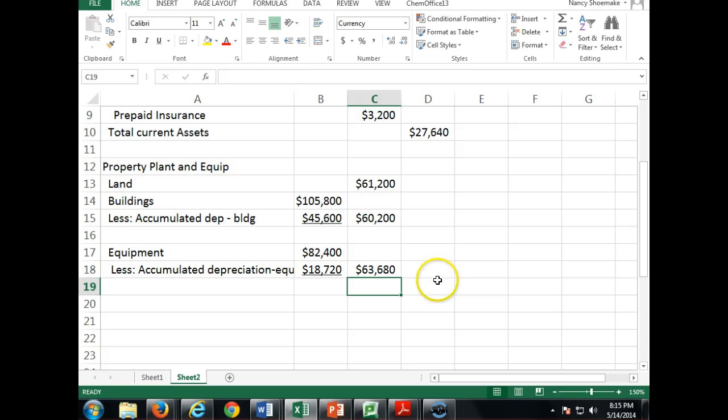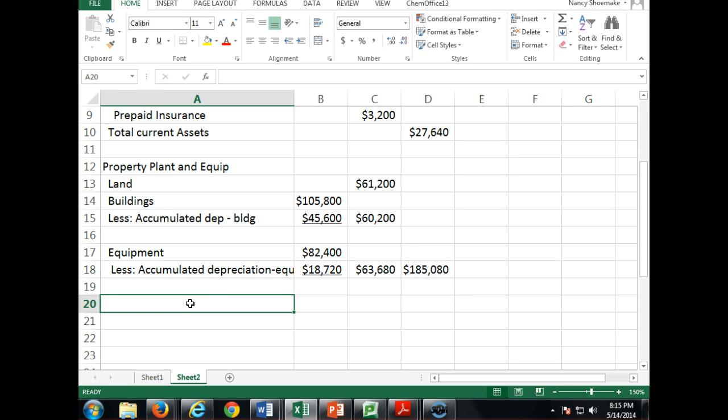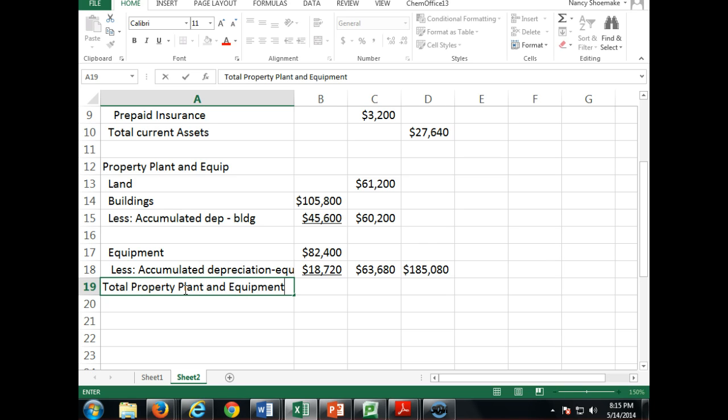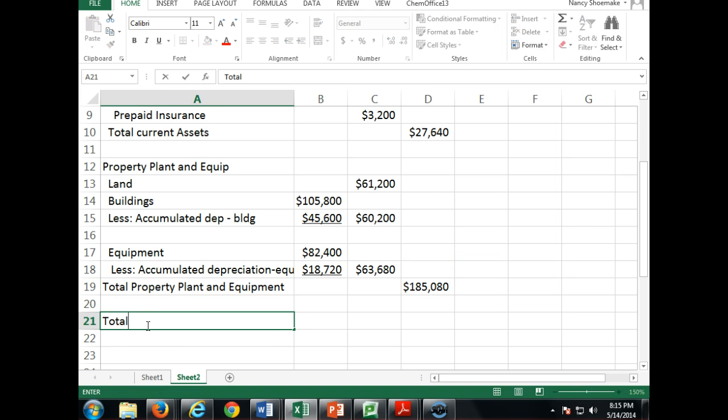Okay, and so our total property, plant, and equipment section here, let me just do it this way. Total property, plant, and equipment. And then how much are our total assets?